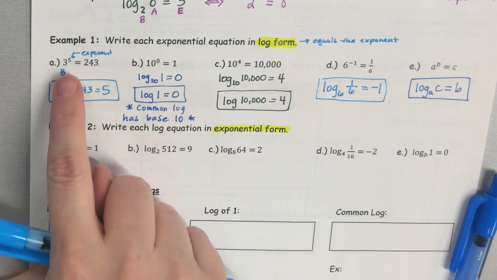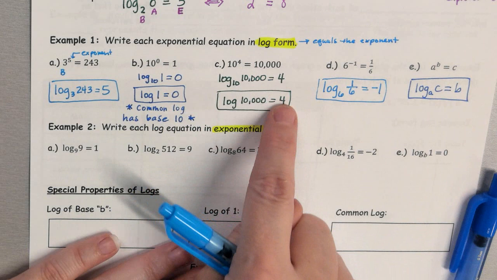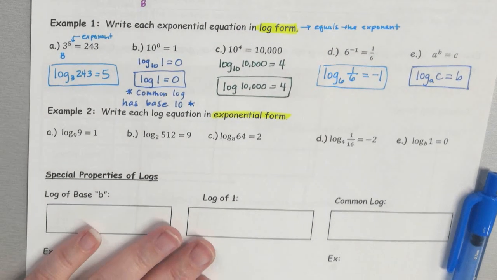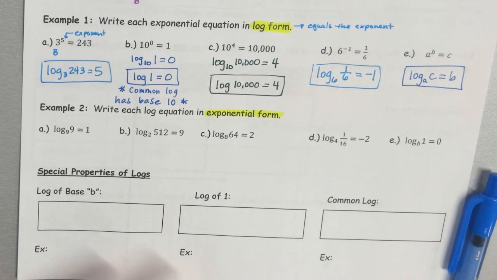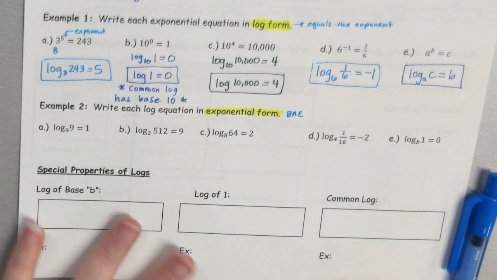I always make sure that it's equal to the exponent. So equals 5, equals 0, equals 4, -1, and b. That's something you can use to help you. And then with the exponential form, that's where your base comes in.